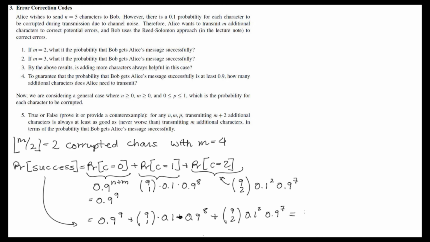And if you calculate this out, this ends up being about 0.95, which is greater than 0.9, so we have achieved our target. We've actually overshot our target, which is great. So m equals 4 is the right answer.